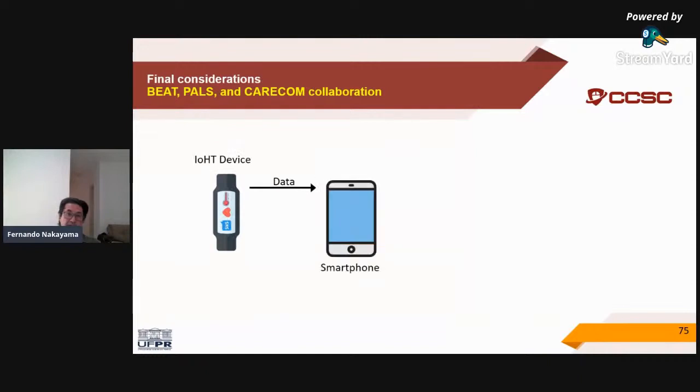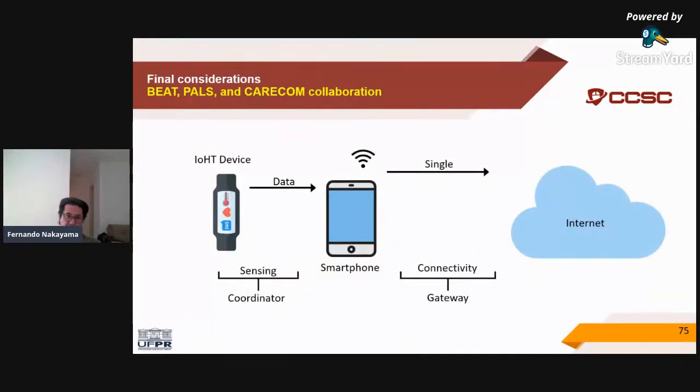The design and the evaluation of BEAT and also PELS has allowed us to contemplate possible solutions considering communication resilience, security, and services collaboration. So a possible future solution for redundancy and cooperation among the services considers employing a portable device with multiple functions that acts as a coordinator for the sensing services and a gateway for the connectivity services.